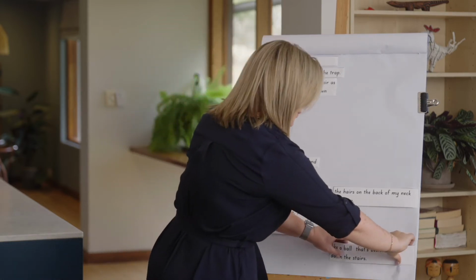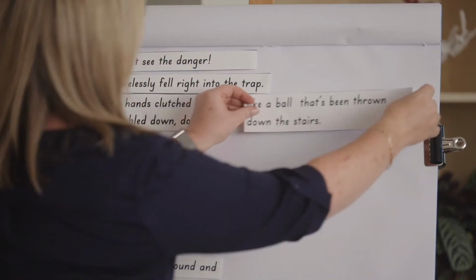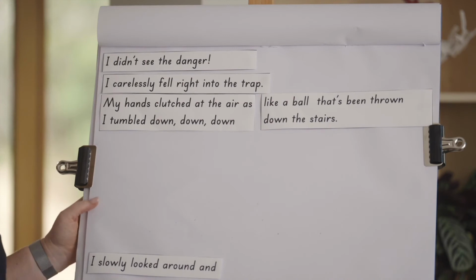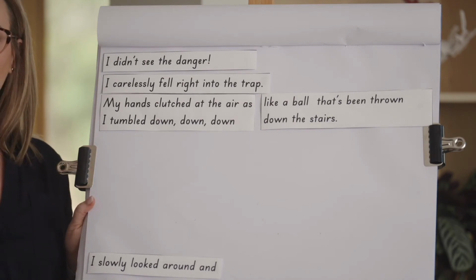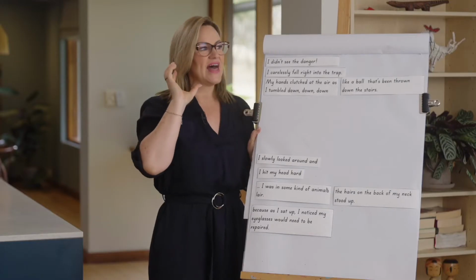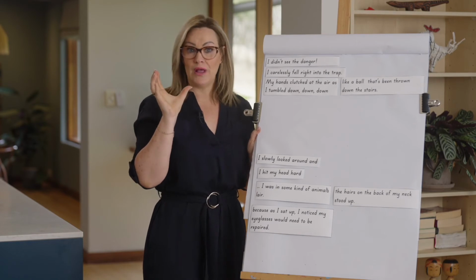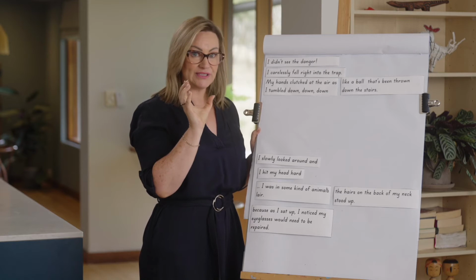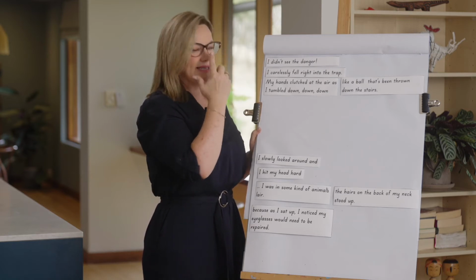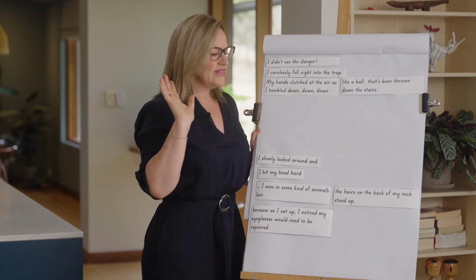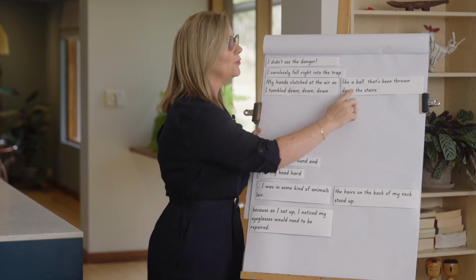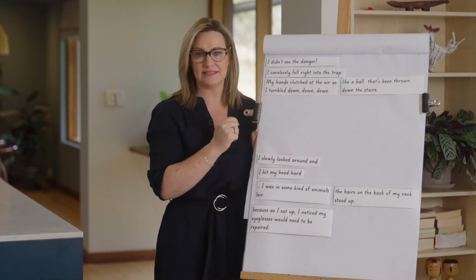Like a ball that has been thrown down the stairs. Can you start to build that mental model, that image in your head? You now have a person, the protagonist, the lead character in this story. They're moving carelessly. They're falling down, down, down, like a ball that's been thrown down the stairs.